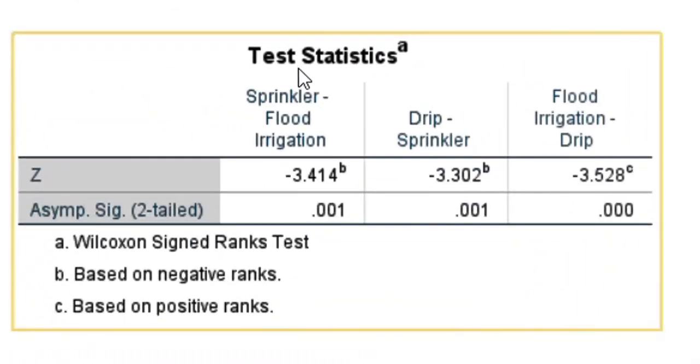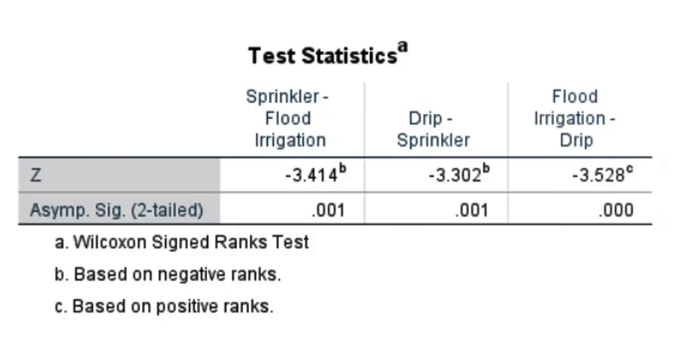This is our test statistics table. Now the interpretation of this table. The Wilcoxon signed rank test in this case is used as a post hoc analysis following the Friedman test to compare yield under 3 different irrigation methods.